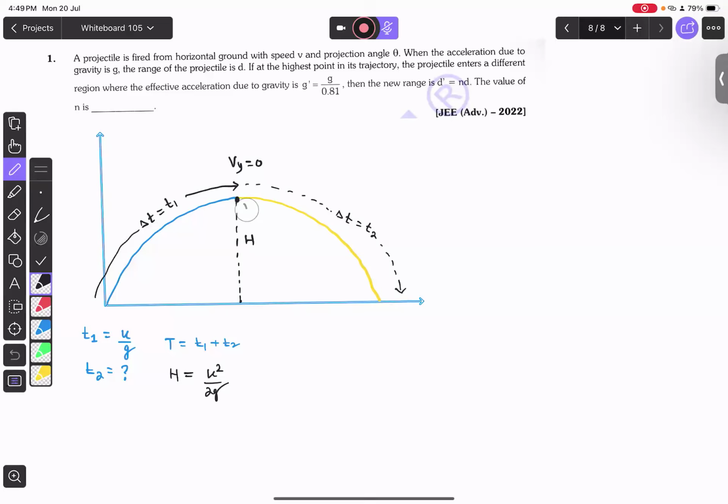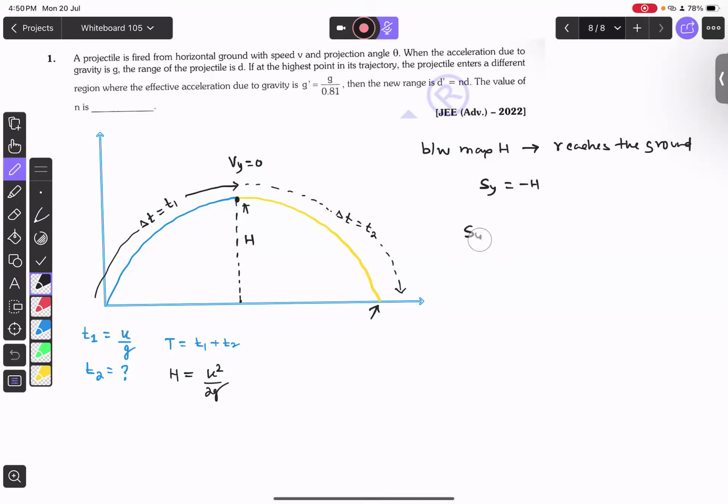And when it reaches from here till here, the displacement along y will be how much, if I stick to the same sign convention, upward positive? So for the interval between maximum height to the time it reaches the ground, if I ask you how much displacement along y is, it is minus h.